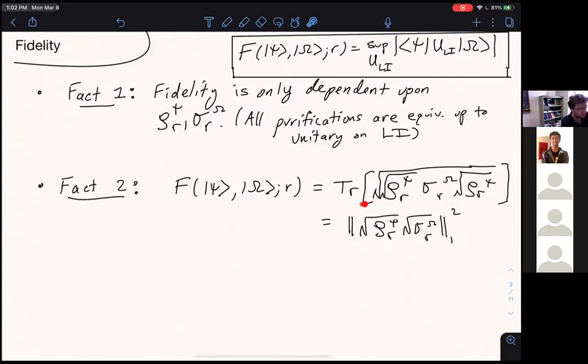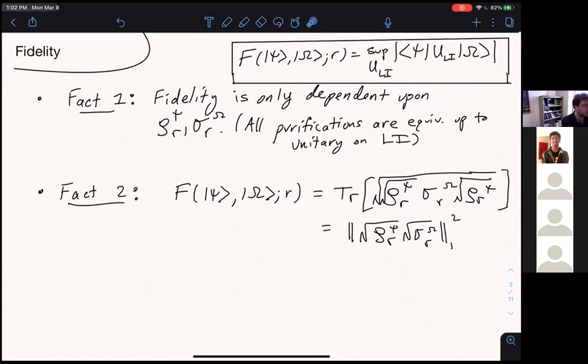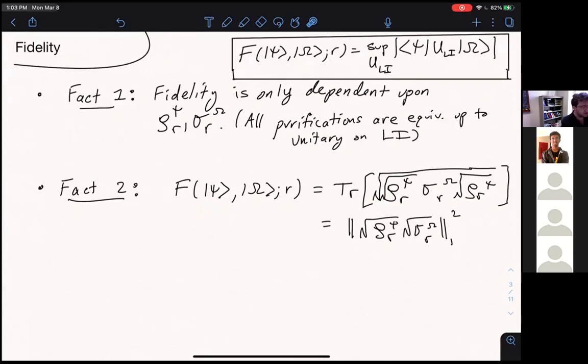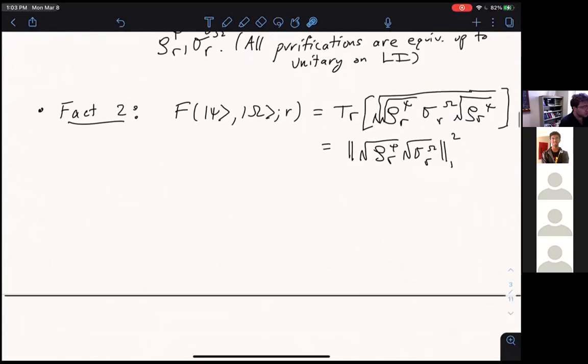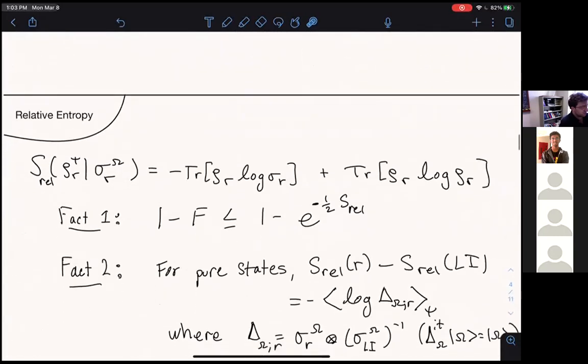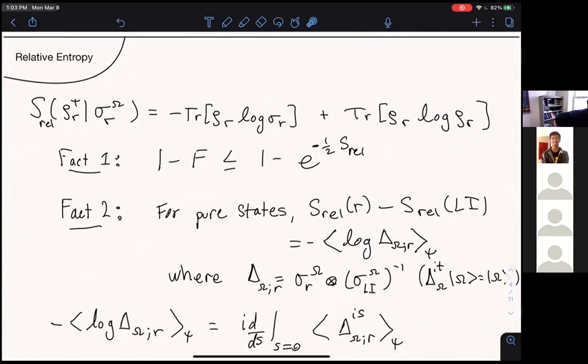It looks a bit imposing, but when you expand it in the small lambda limit, where the state psi is close to omega, you can do perturbation theory, and we will do that later. But even expanding this gets a bit technical. So what we'd like is a quantity which is simpler to compute, but illustrates the same features.